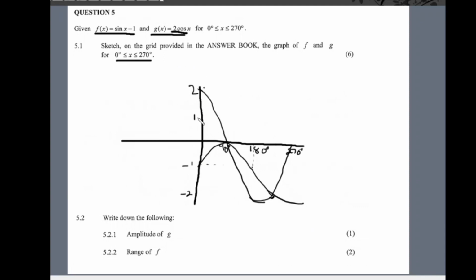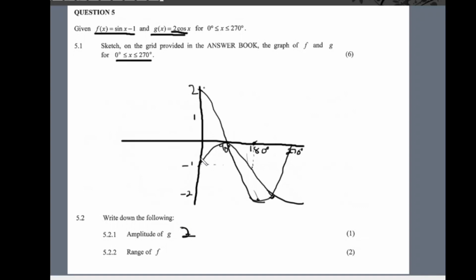For the amplitude, you will look from the x-axis to the turning point of that function, right? So you'll see the distance from the x-axis to the turning point is 2. So the amplitude of g will be 2, right? And then the range of f.